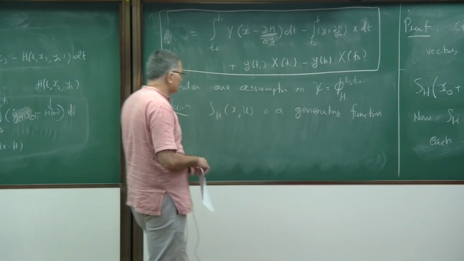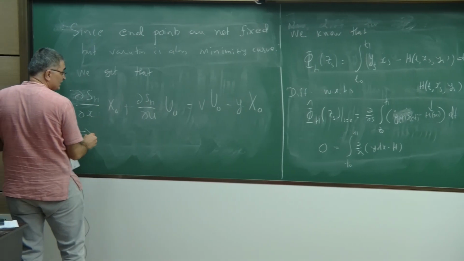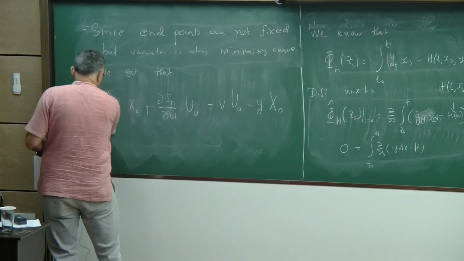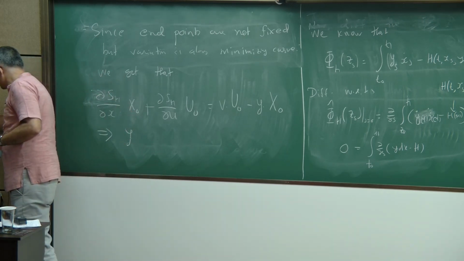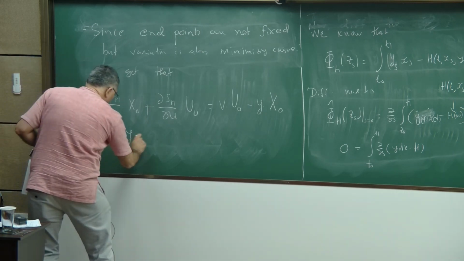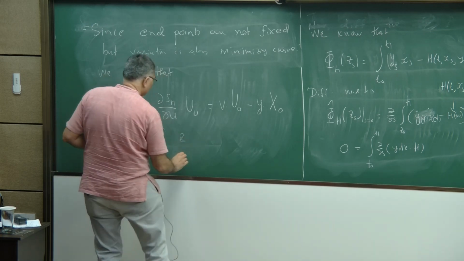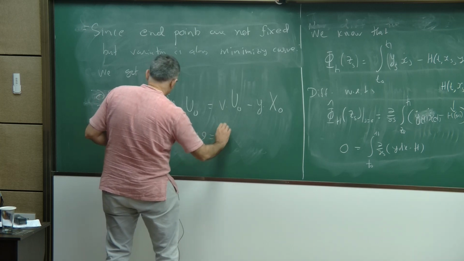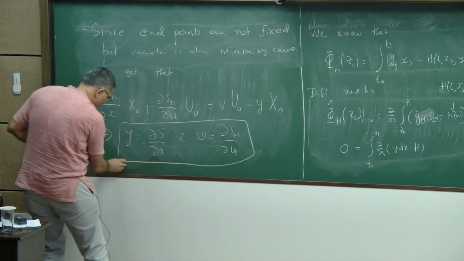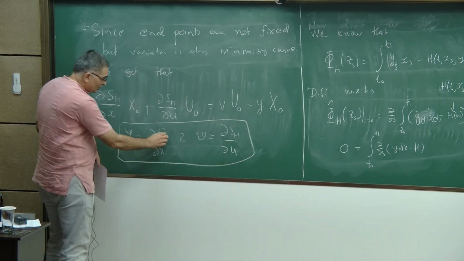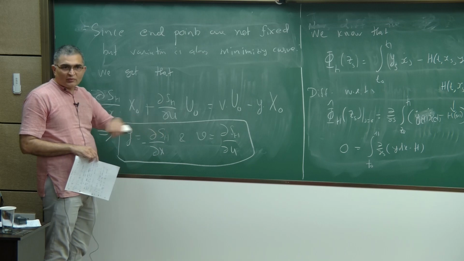So, I get this term, and this implies y is equal to minus dS by dx, and this is what my starting definition of a generating function was, that it appears as a graph of d of S_h, where d of S_h is now defined via this procedure.